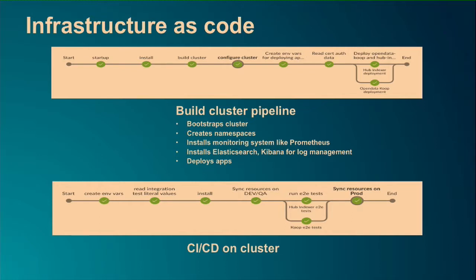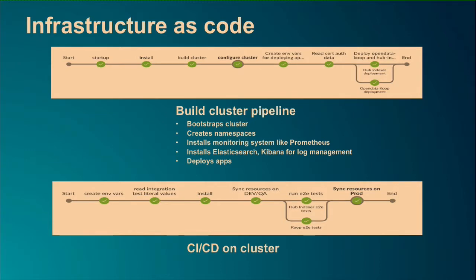The build cluster pipeline is a Jenkins Groovy pipeline. It uses the command line tool that I mentioned just before. It creates a cluster, provisions the EC2 resources, and does simple configuration, like who should have access to it and the IP addresses and all those things. Once the cluster is created, it also creates the namespaces.